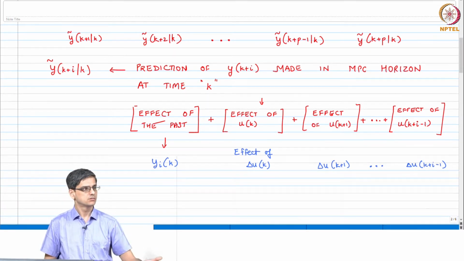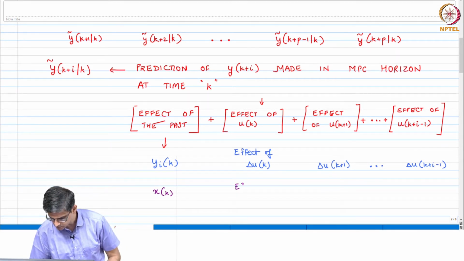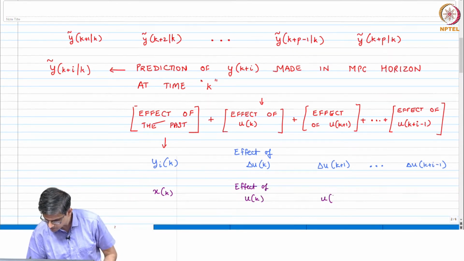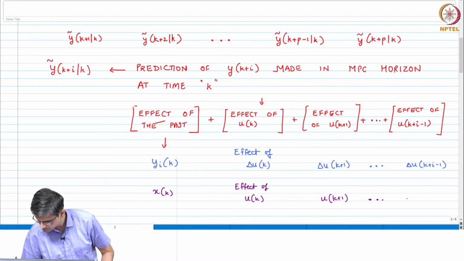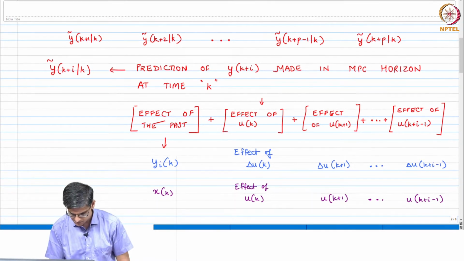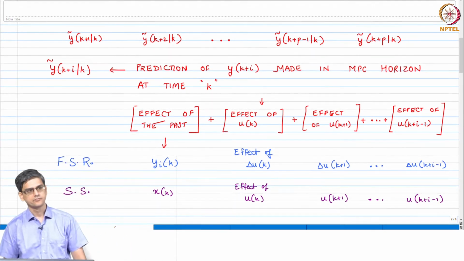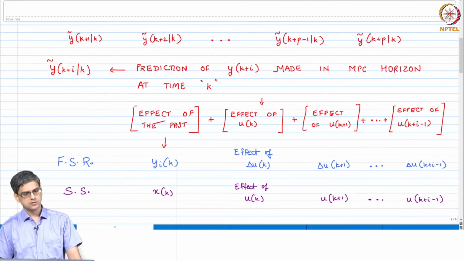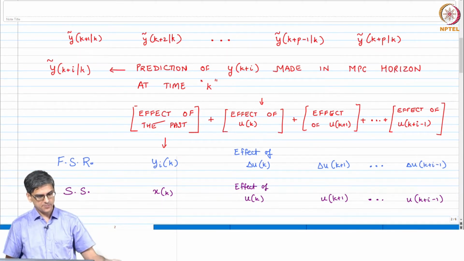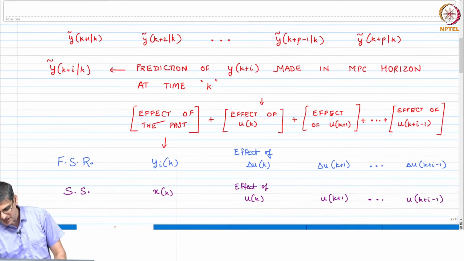and for state space models, let us start with y tilde k plus 1 at k, then we will go to y tilde k plus 2 at k, then you will actually start seeing a pattern emerging.